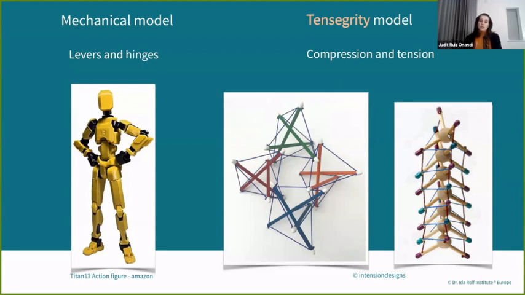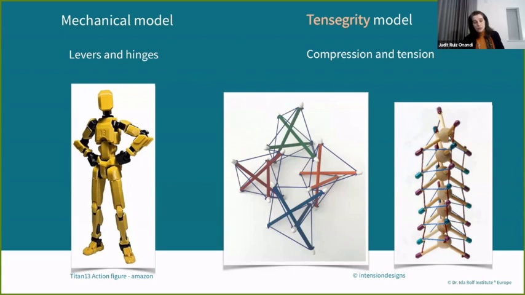The bones are not touching each other, so the solid structures are not touching each other, but you can imagine how if I put pressure in one point in this tensegrity model that you can see in the middle image, that force is going to be transmitted throughout the whole organism until it arrives to a balance.